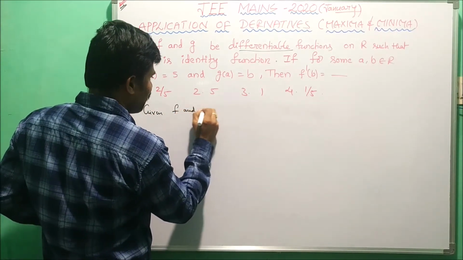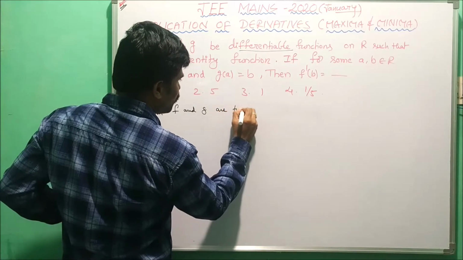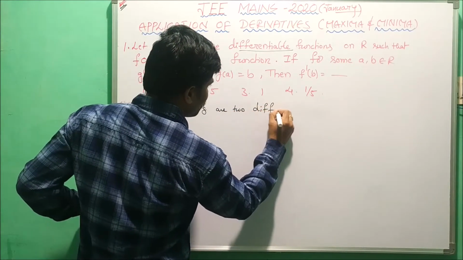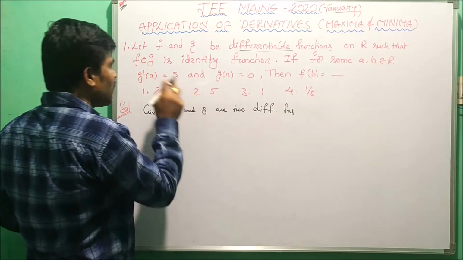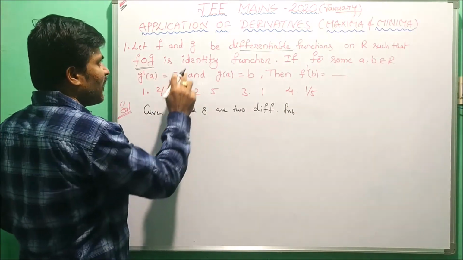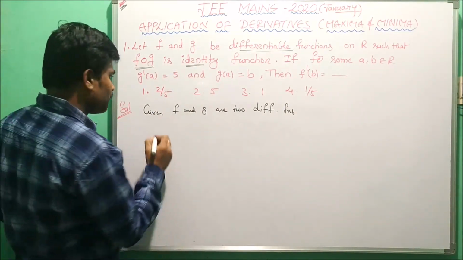Given f and g are two differentiable functions, and also given the composite function f circle g is an identity function.